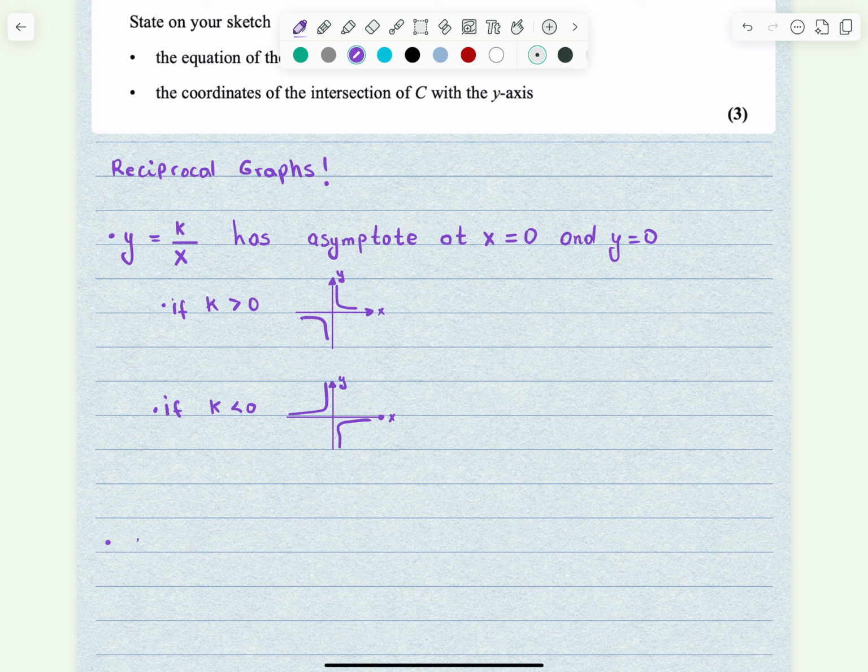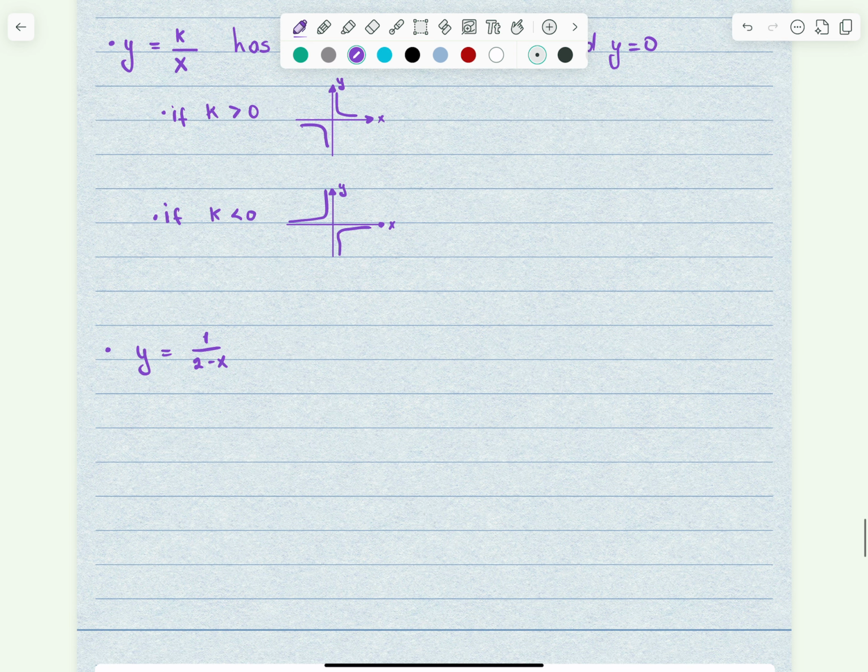The question tells us we need to sketch y equals 1 over 2 minus x. I'm going to write this equation first as negative 1 divided by, putting the negative sign in front of the expression, and I write 2 minus x as x minus 2, so I can easily see the shift, whether it is to the left or to the right.